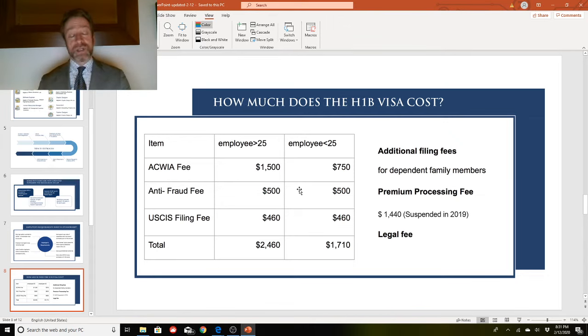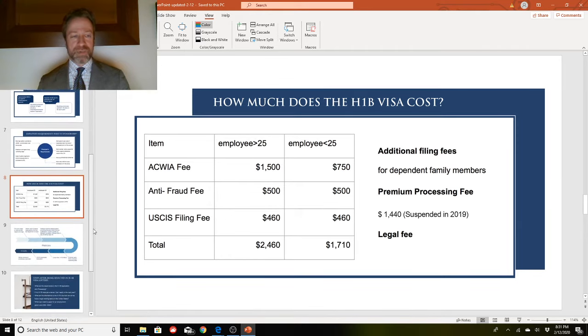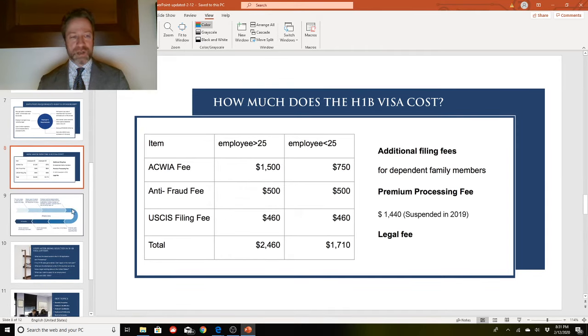Now, in some cases, the employer can file a premium processing request and pay an extra $1,440 to get the application adjudicated earlier. But in recent years, that premium processing service has not been available. Okay, so these are the government filing fees.